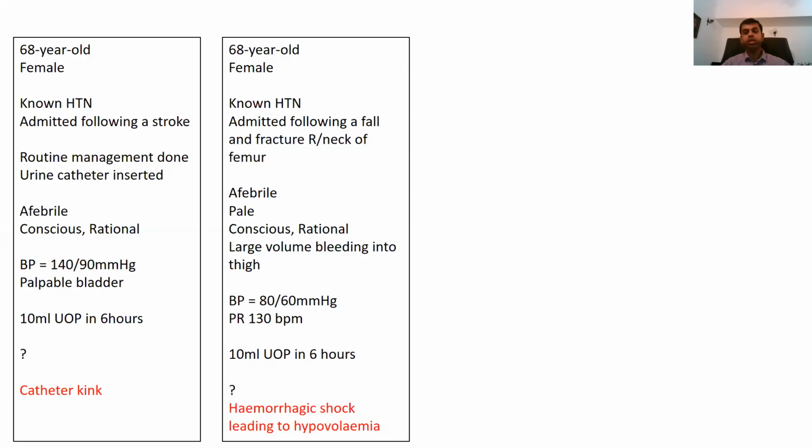So as a compensation, the kidney is going to produce less and less urine because the body is trying to reabsorb all this urine and also minimize the GFR. So here the oliguria is secondary to hemorrhagic shock, secondary to hypovolemia.